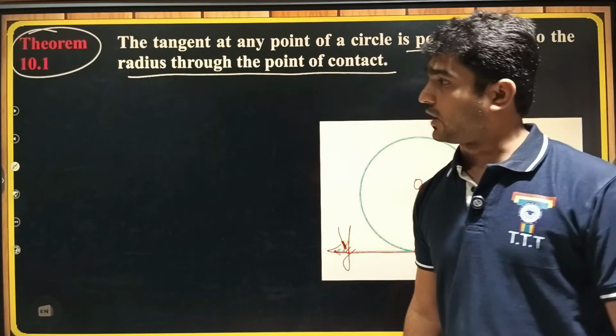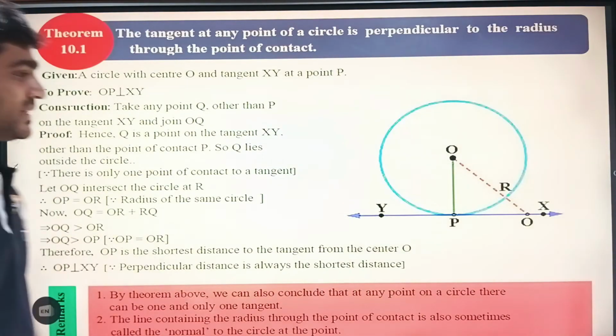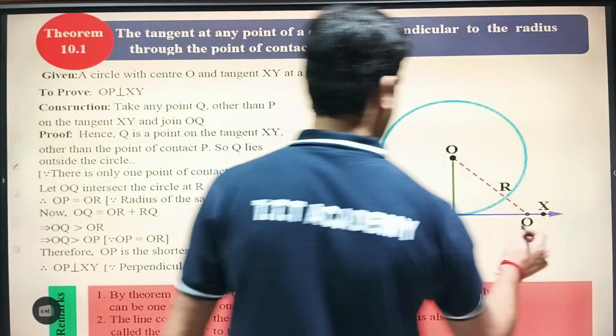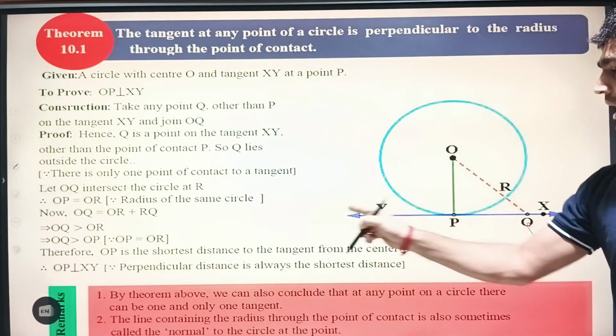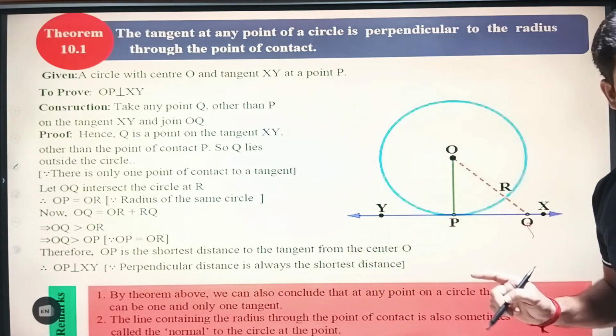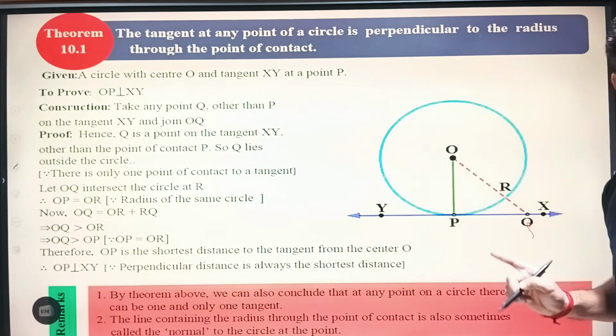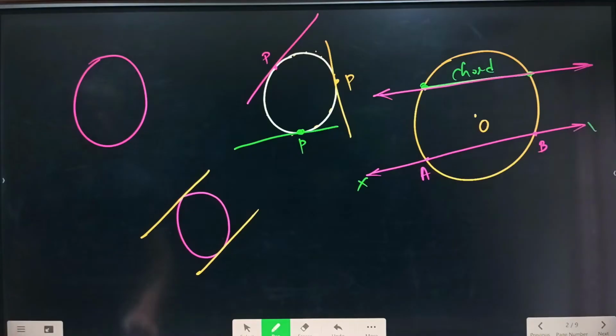Okay, so now dear friends, with respect to this, let me consider this one only. This is a circle with center O and point of contact P, and here is a line segment XY, where XY is a tangent. Now, shall I write it from one side?